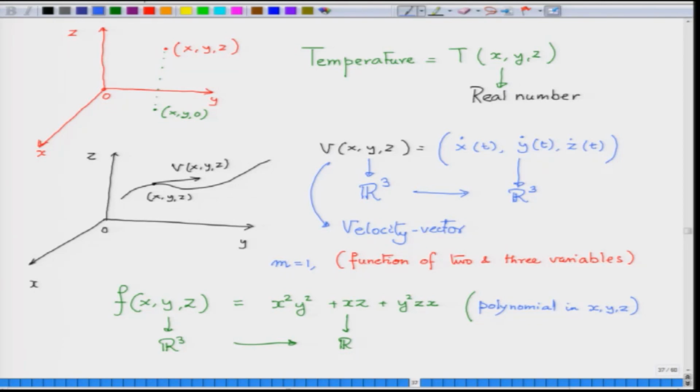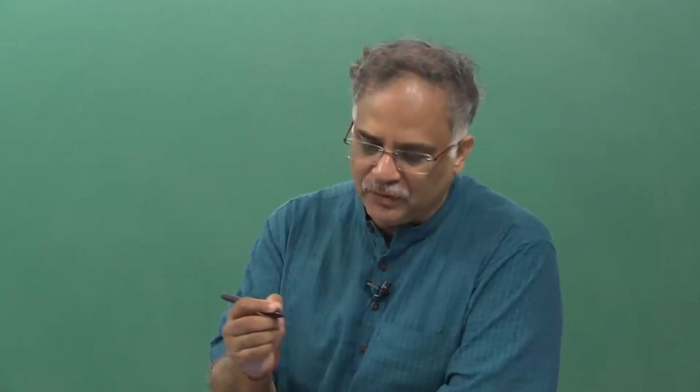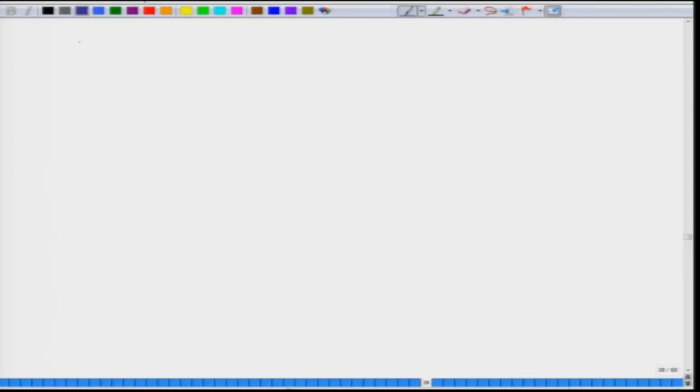Let us go over a bit and try to understand how we represent such functions, how we look at such functions, because if you have a function from R to R, you know how to draw the graph of the function. So, consider a function phi from the real line to the real line.